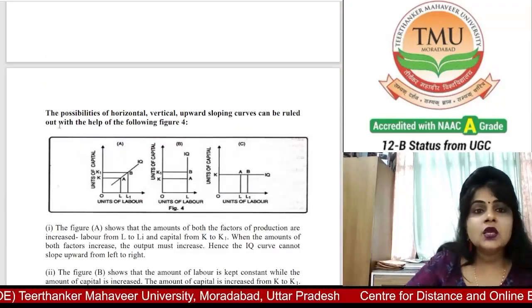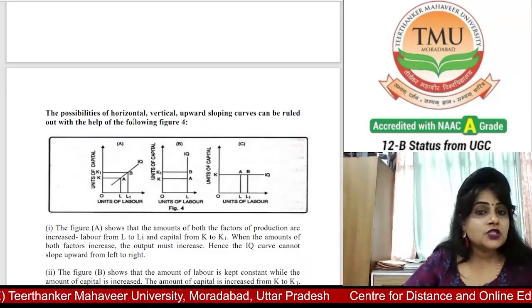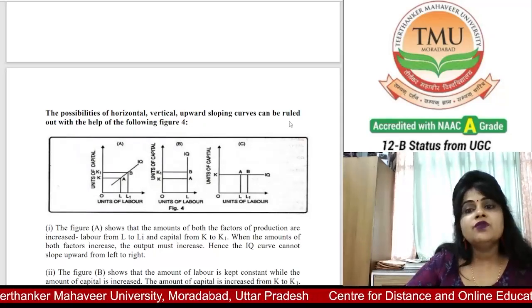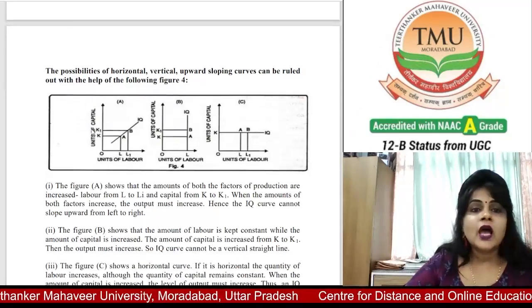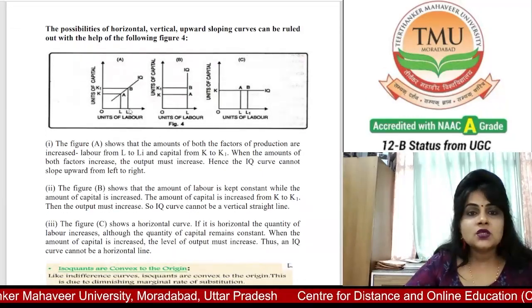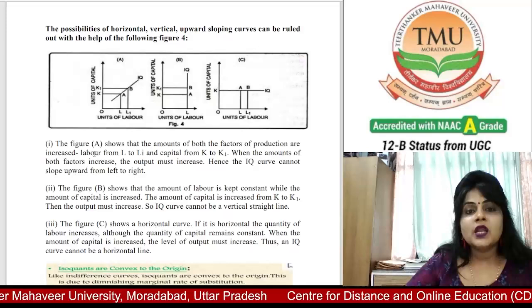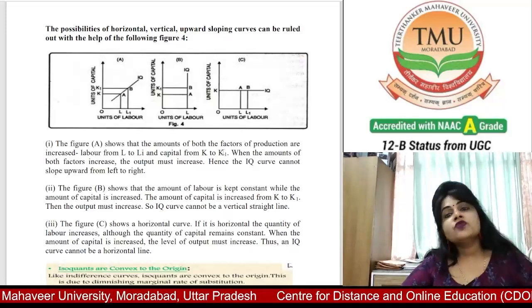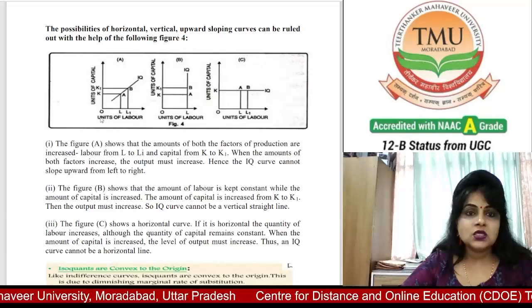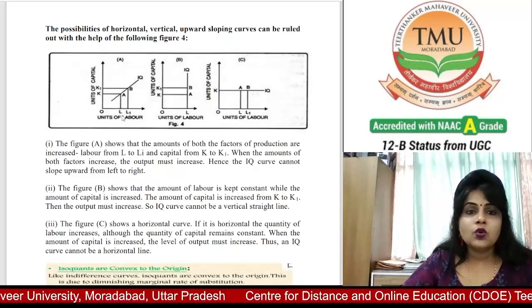you also see here that the possibilities of horizontal, vertical, and upward sloping curves can be ruled out with the help of the following figures. First of all, this figure. Figure A shows that the amounts of both factors of production are increased. You see here OK and OL.